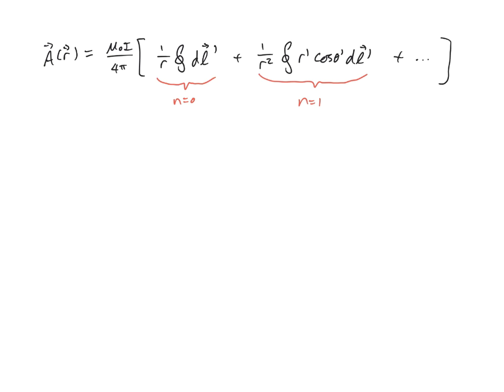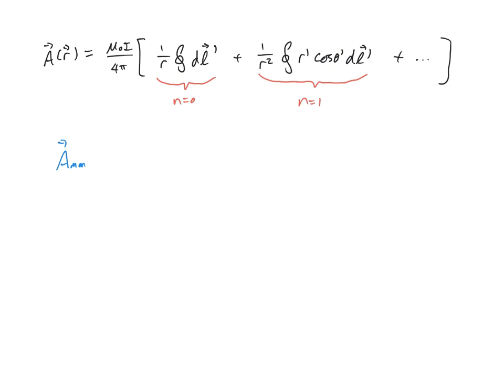If you look up the Legendre polynomials, you can write these out and see what they are. But let's stop at these two terms for now and see what we get, because there's already some interesting physics coming out of this. So let's look at this first term. It's a monopole term.